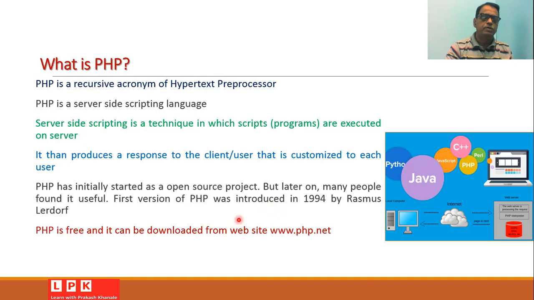PHP is free, so anybody can use it. It is an open source project, and therefore it is free. It can be downloaded from its website, so we can go to a site such as www.php.net, from where you can download it on your computer system.